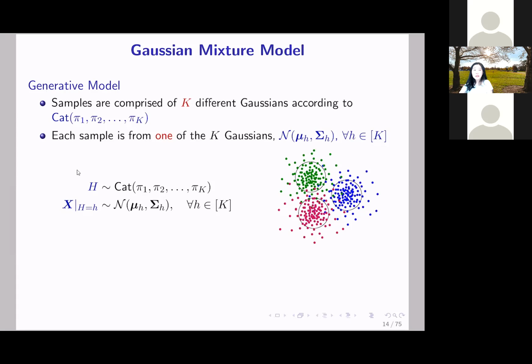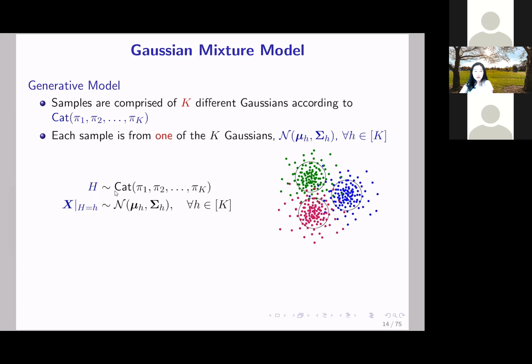So overall, this is the data generative process. You first generate the hidden variable, although you don't get to observe it in practice. But if you imagine such a data generation process, you first generate a hidden variable indicating whether this point is going to be green, pink, or blue.